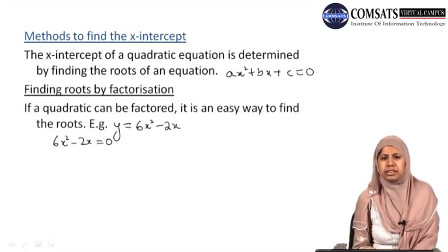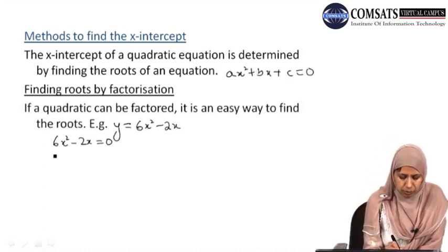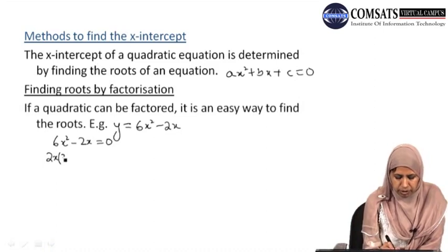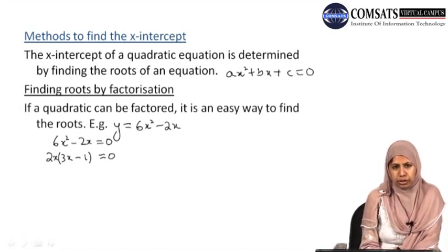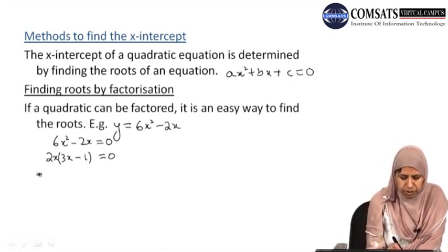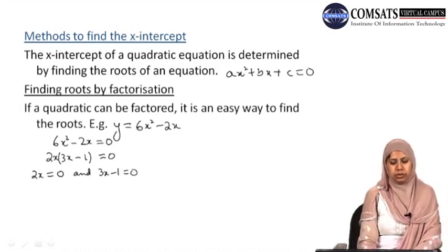In this case we can find the factors of this equation. How? If we take 2x common, we obtain 3x minus 1 equals 0. We have a product of two terms equal to 0, which means 2x equals 0 and 3x minus 1 equals 0.